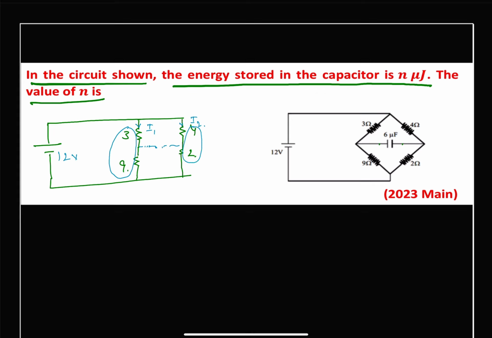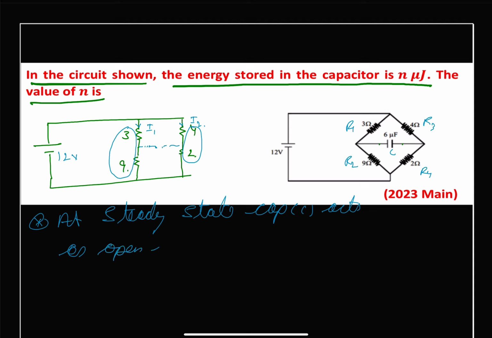First of all, let me write that at steady state, let us call this our R1, R2, R3, R4, and the capacitor is C. Capacitor C acts as an open circuit.